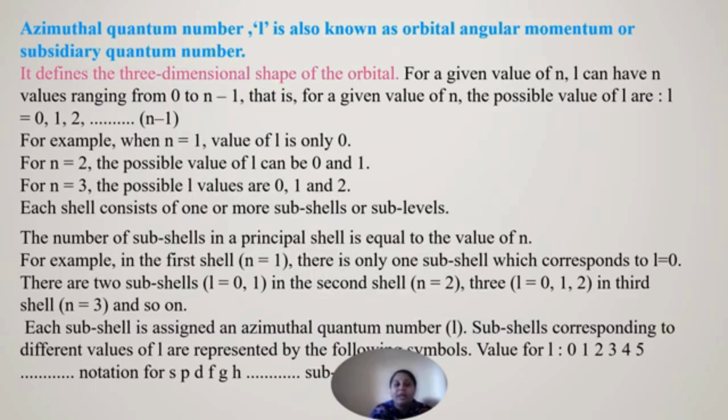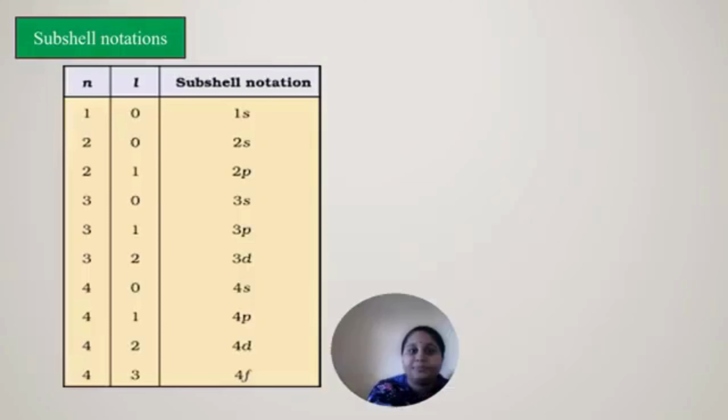If the value is 0, it is s; 1, p; 2, d; 3, f; 4, g; 5, h. So these are the subshell notations: 1s, 2s, 2p, 3s, 3p, 3d, 4s, 4p, 4d.